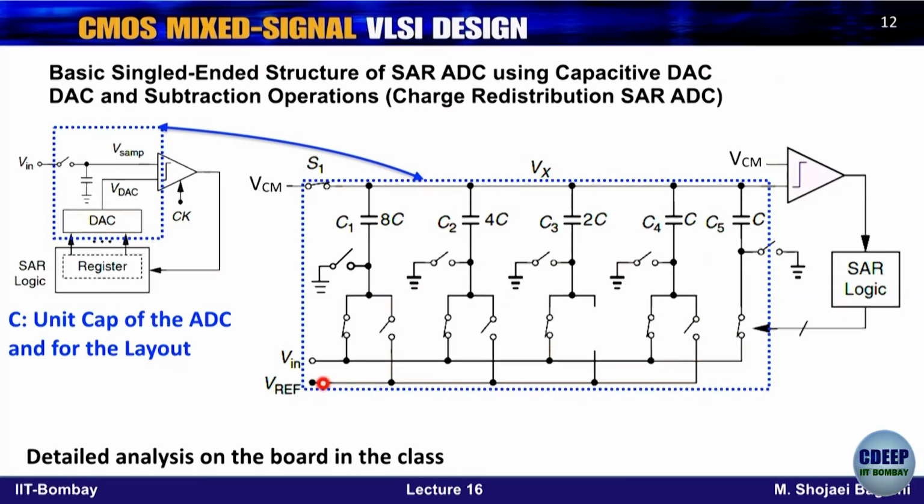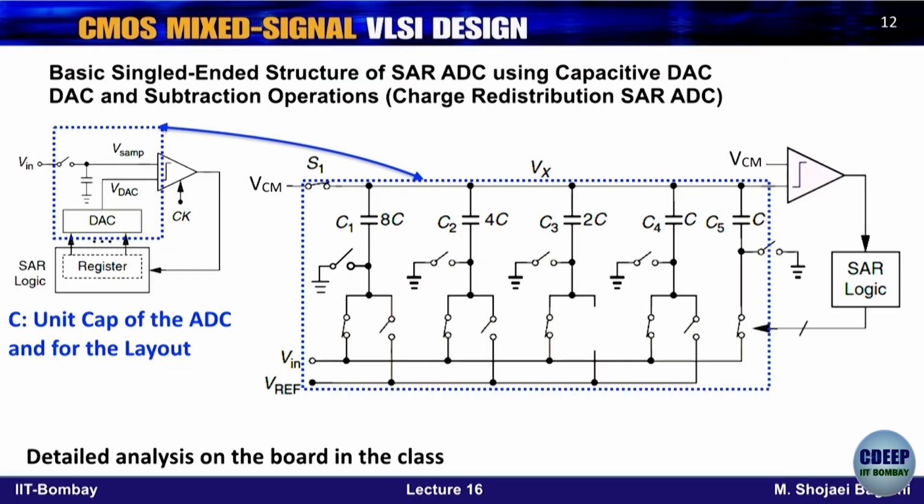And then we have the input. The input is fixed. The input eventually has to be used for all cycles of conversion. Therefore, we can actually store the input on this capacitor. Instead of putting a separate track and hold capacitor, we can use the same capacitors and store the input on all of them.